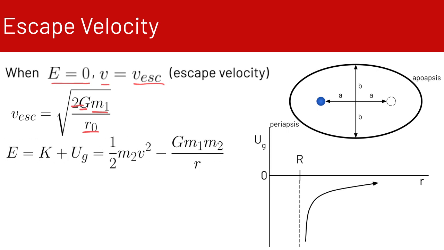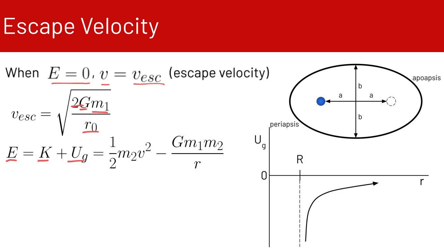So if we look at our equation for total energy, we have E is equal to kinetic energy plus gravitational potential. If we expand this, we have 1/2 m sub 2 times v squared minus g times m1 times m2 over r. So if we solve this equation for v, we can see how we get escape velocity.